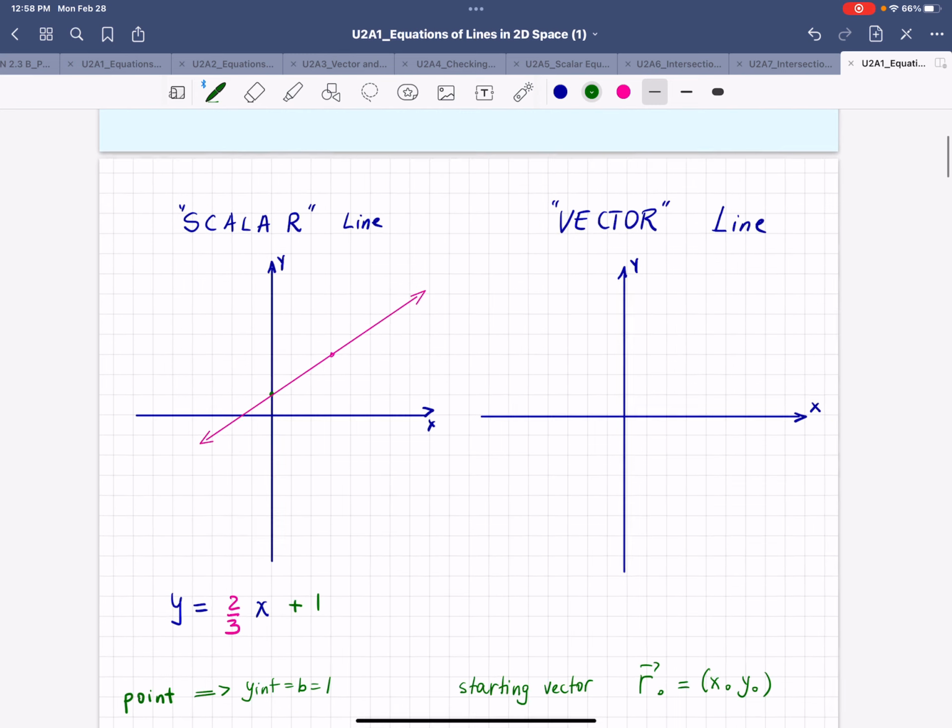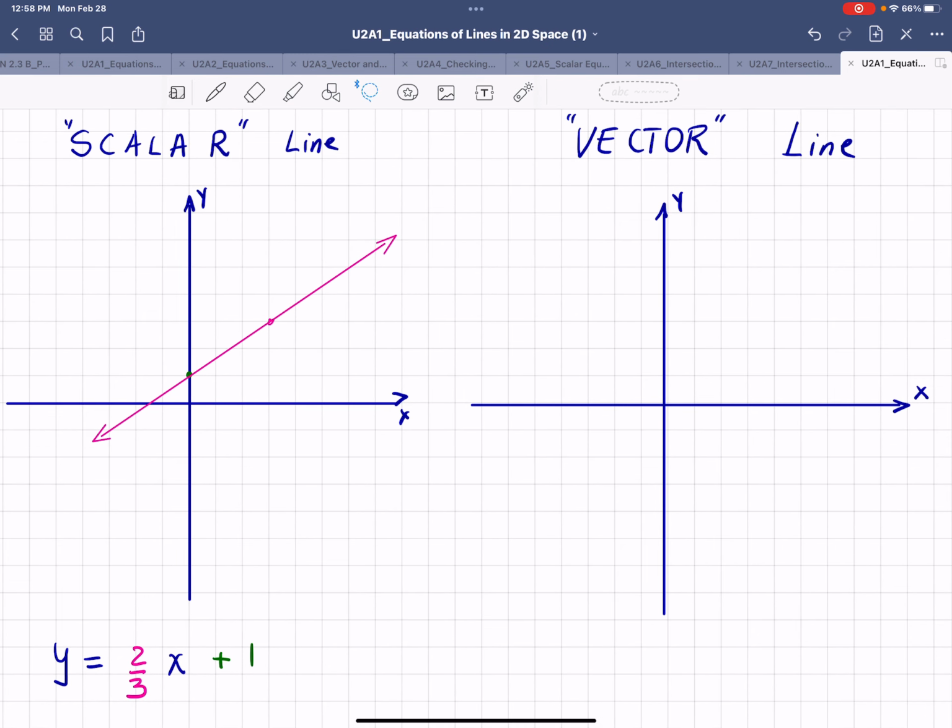So I'm going to draw a vector here that we are about to use as a starting vector. Let's make it nice and neat, and let's label it as well, vector r0.